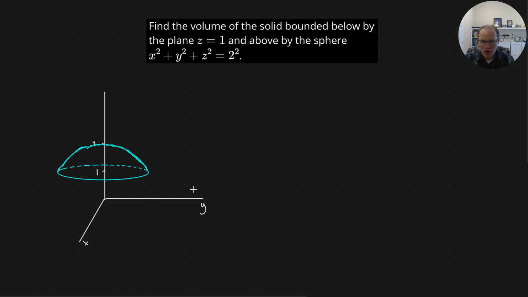So this is the volume we're integrating over. We want to find the volume of this region. Okay, so remember that's going to be a triple integral of this function 1.